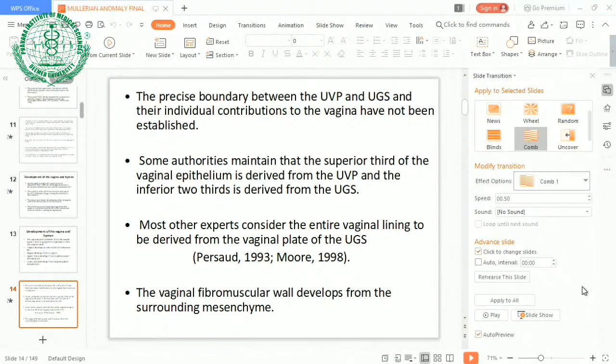Some authors maintain that the superior third of the vaginal epithelium is derived from UVP and the inferior two-third is derived from UGS. Most other experts consider the entire vaginal lining to be derived from the vaginal plate of urogenital sinus. The vaginal fibromuscular wall develops from the surrounding mesenchyma.